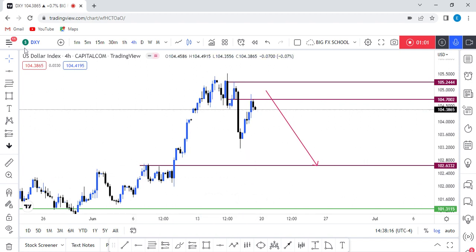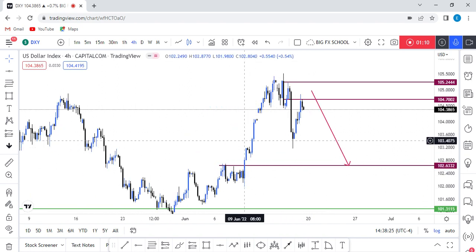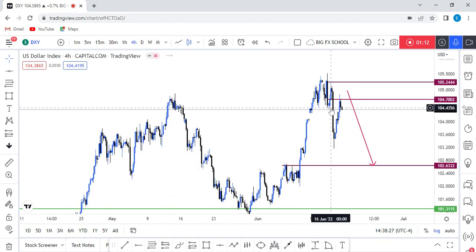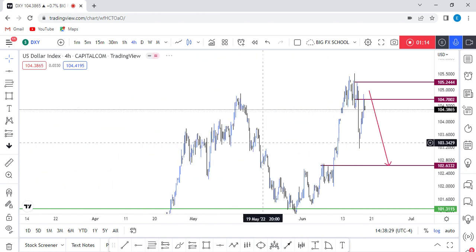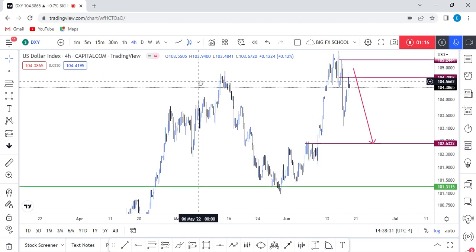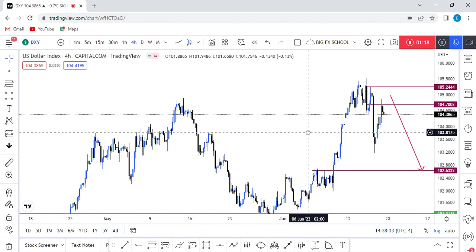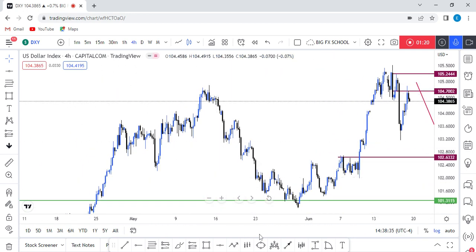Okay, starting with the XY as the dollar sign, I'm looking for the sell setup because, as we see, the market was playing in this zone. It touched the zone here down.